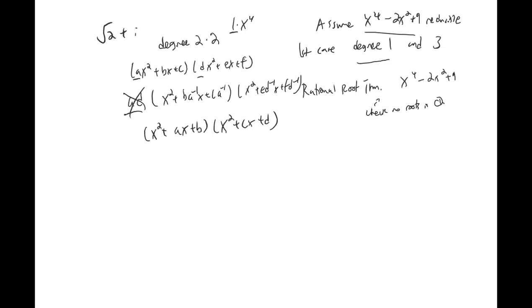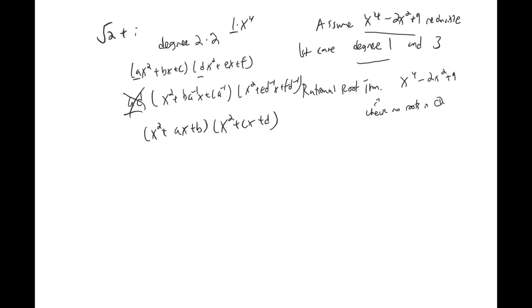So now the question is: are there a, b, c, d such that these two multiply to x to the 4th minus 2x squared plus 9? Does everyone understand what I'm doing right now? I'm trying to see if it could split into two degree 2s, in this case two monic degree 2s.